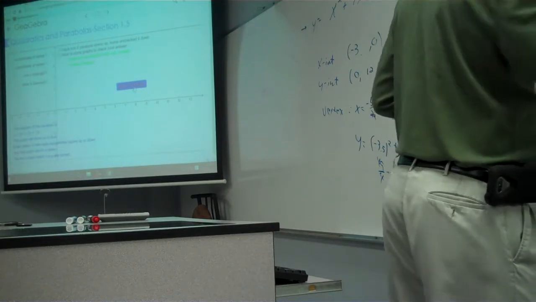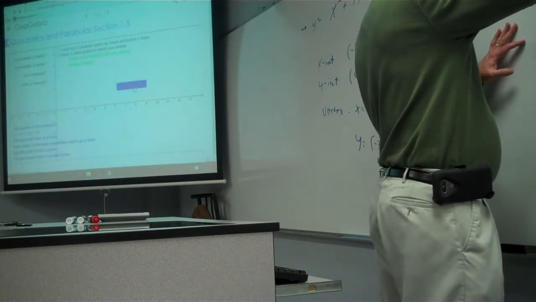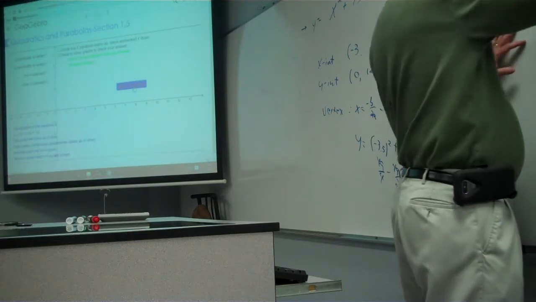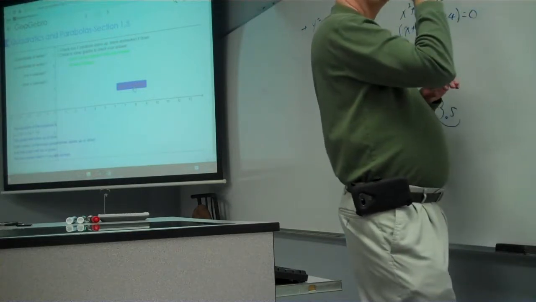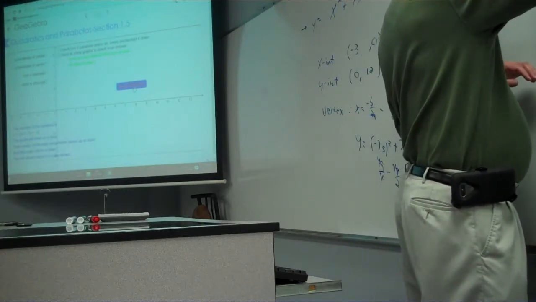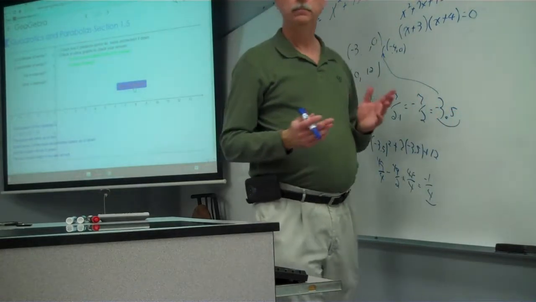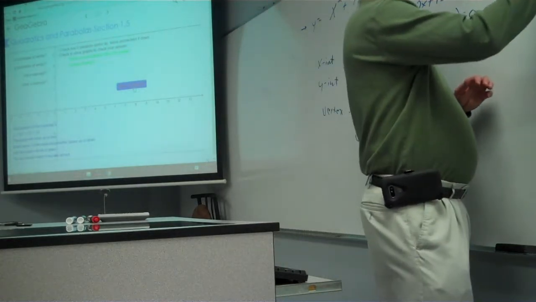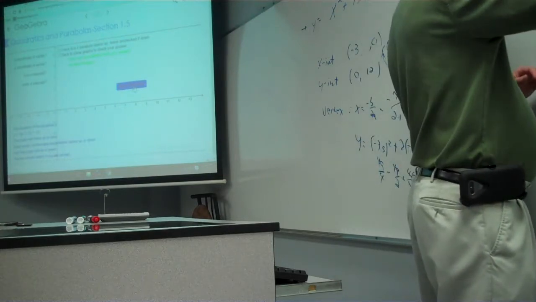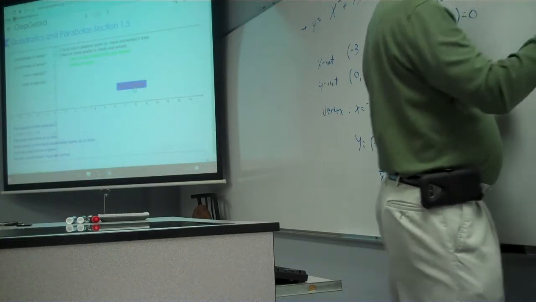Yeah. Okay. So suppose we had x squared plus 3x plus 5, or minus 5. I don't think it factors. So the quadratic formula: x is negative b plus or minus the square root of b squared minus 4ac, all over 2a.